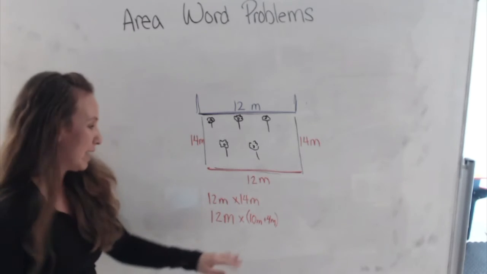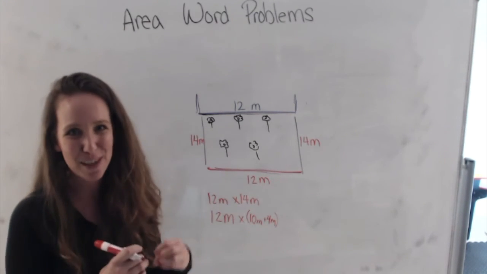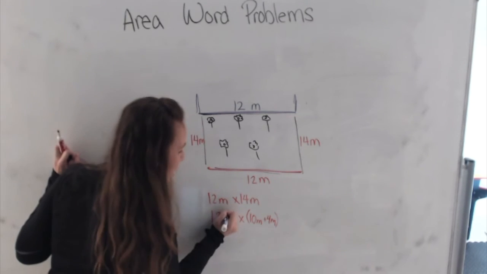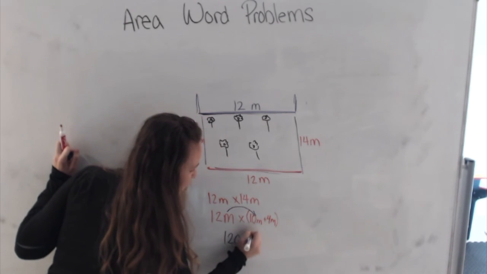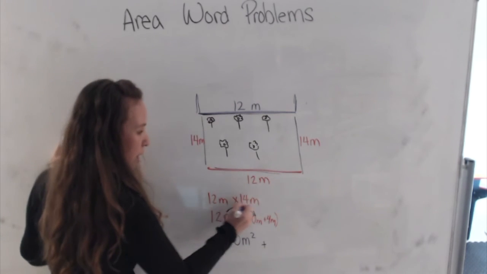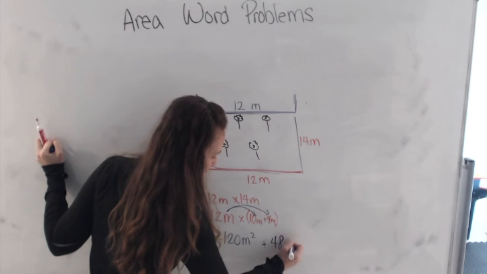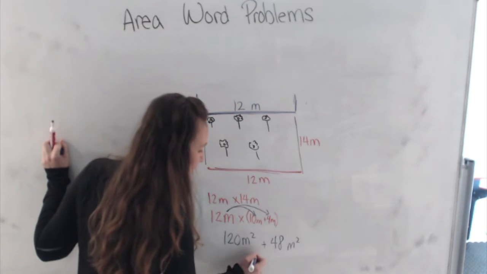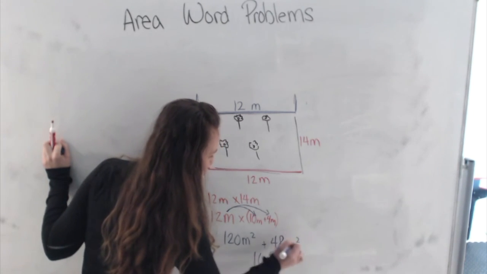So now I can multiply 12 by 10 and 12 by 4 and then add them together. So watch this. 12 meters times 10 meters is 120 meters squared, plus 12 meters times 4 meters is 48 meters squared. 120 plus 48 is 168 meters squared.